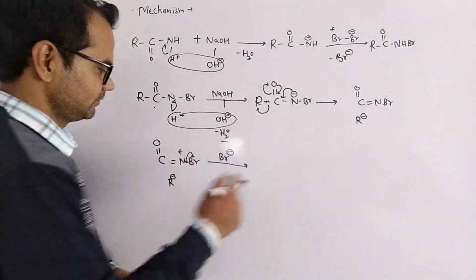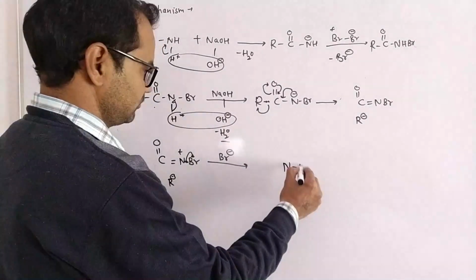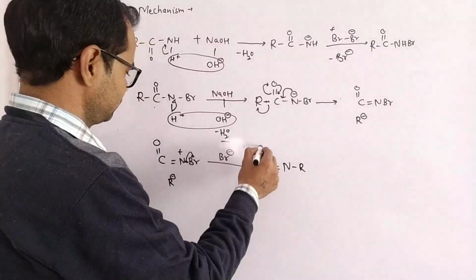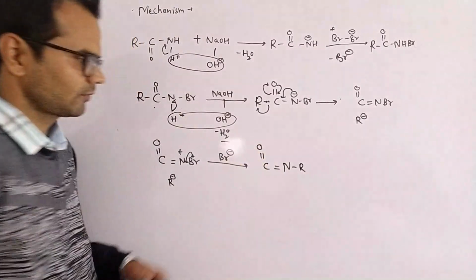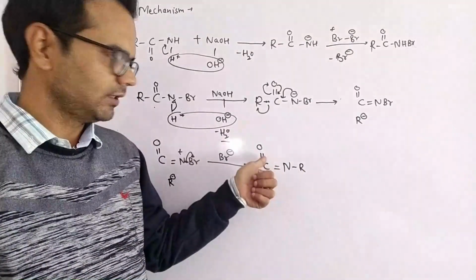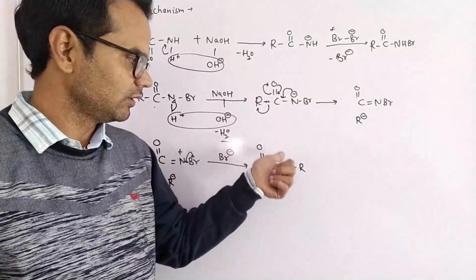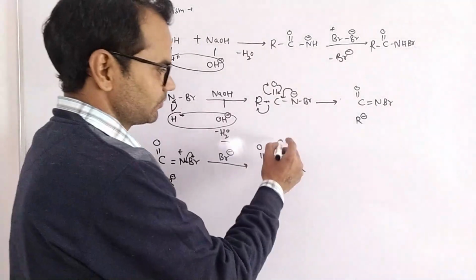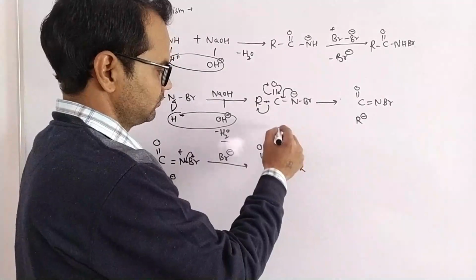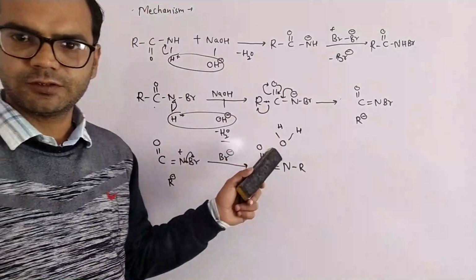So now we have R and a double bond, C double bond R. Now water comes into play. So I write the water here. This is a water molecule.